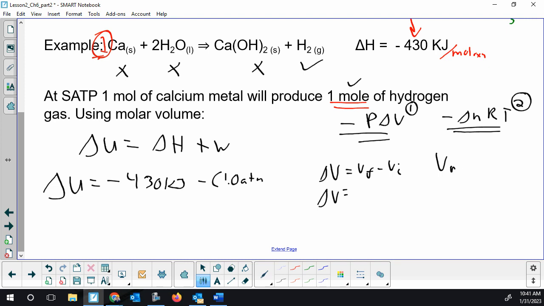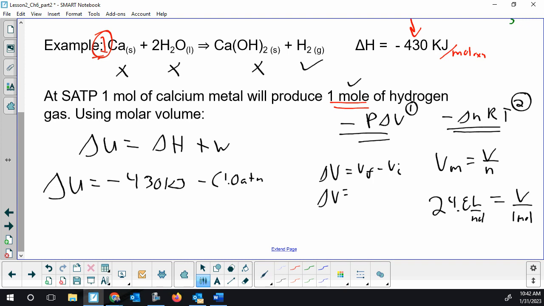In Chem 20, you could use PV equals nRT. That would work. But we have molar volume at SATP and STP. There's a constant ratio of volume per mole at these two conditions. At SATP, there's 24.8 liters per mole, equals our volume, and we want to know our volume for 1 mole.